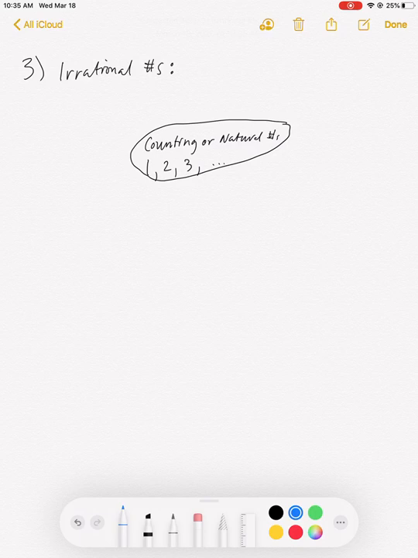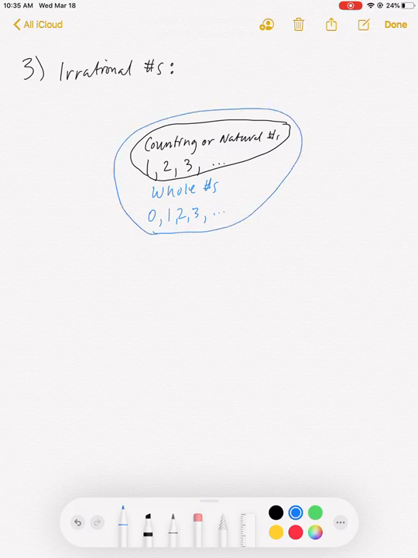The next set of numbers includes 0, and this developed historically. Those are called the whole numbers. The whole numbers are 0, 1, 2, 3, and so on. They do not include any fractions or negative numbers either, but they do include all the counting numbers, so I'm going to put a big circle around those.